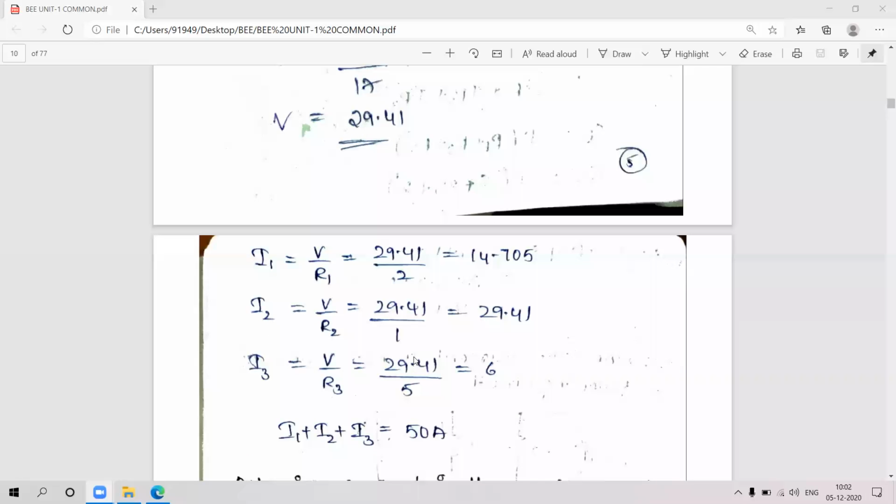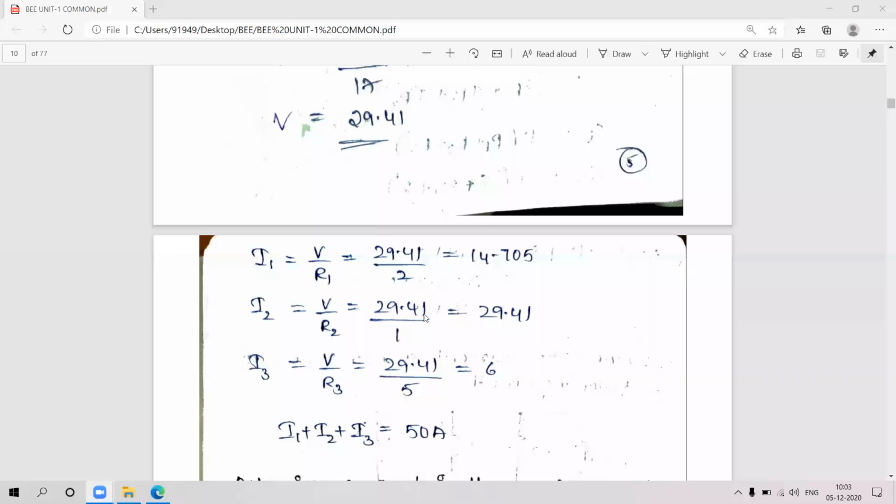Now after getting that value, you can find the individual currents I1, I2 and I3. Already we said I1 is V by R1, I2 is V by R2, and I3 is V by R3. You got the voltage, and you know the resistors. You just substitute, and you are going to get the values. I1 is 29.41 by 2, that is 14.705.